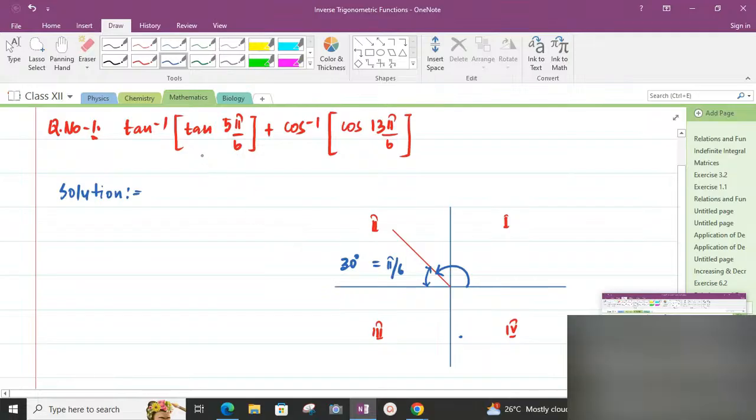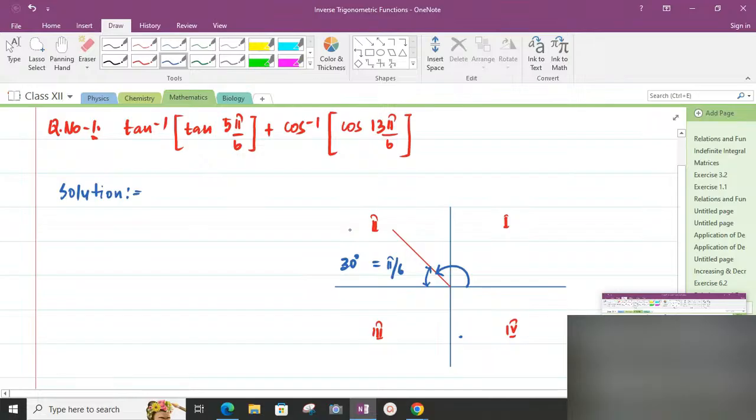There is no problem to understand up to this step, but what will be the value of tan 30 degree? We know that this is 1 by root 3. But in the second quadrant, this will be minus 1 by root 3. So tan inverse minus 1 by root 3 equal to what?